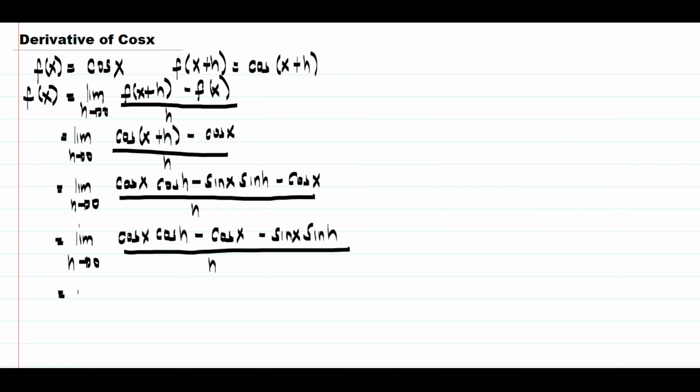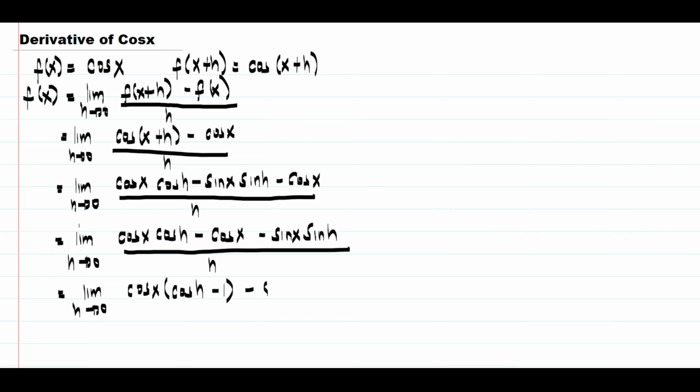And let us simplify. Let us have the limit as h approaches 0. Since we have cosine x in common, let us factor this. So we have cosine x as the factor. Cosine x cosine h divided by cosine x, that is cosine h. Then we have negative cosine x divided by cosine x, that is negative 1.